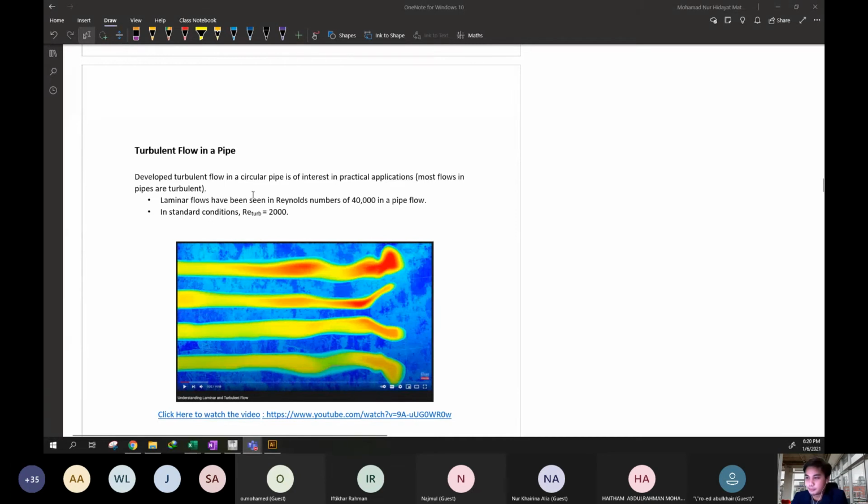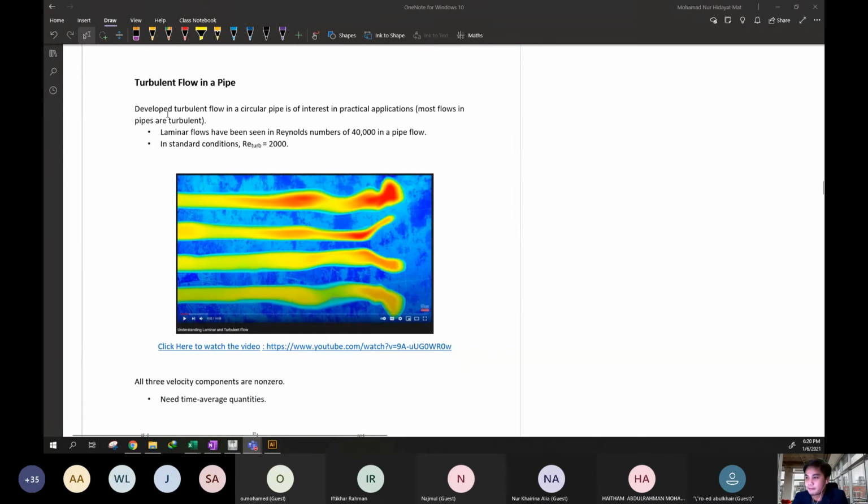For this part, we move on from laminar flow to turbulent flow in a pipe. Developed turbulent flow in a circular pipe is of practical interest. Most flow is turbulent flow.